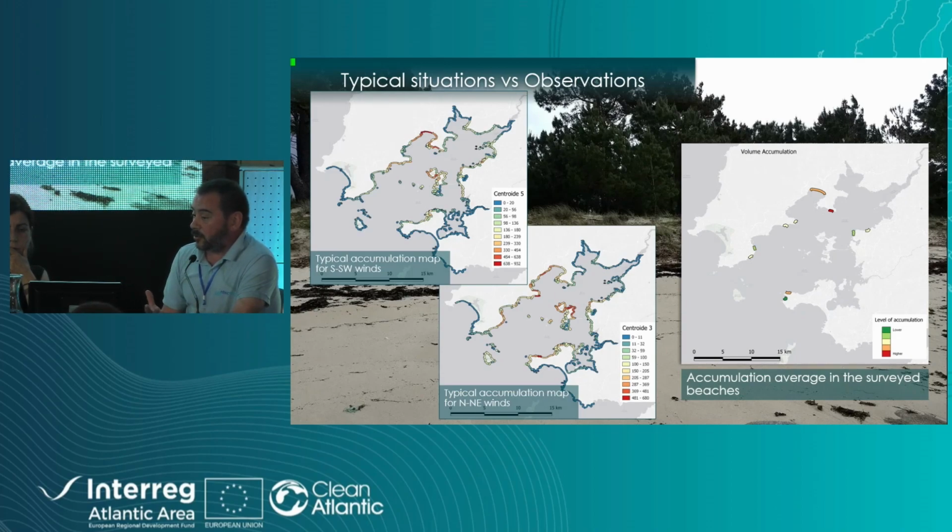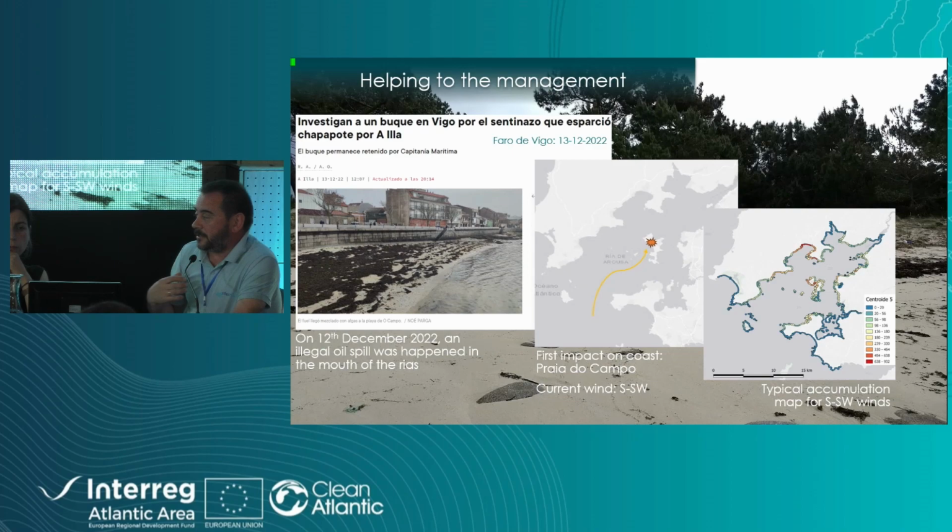So when we look at these typical situations, we compare this to observations, and in this case, we're talking about the observations that have been made by professional technicians on the beaches. We can see here that in spite of the fact that the typical situations represent different wind situations, if we take both of them together, they show an accumulation. This is where observers found more accumulation. So this gives us a lot of certainty.